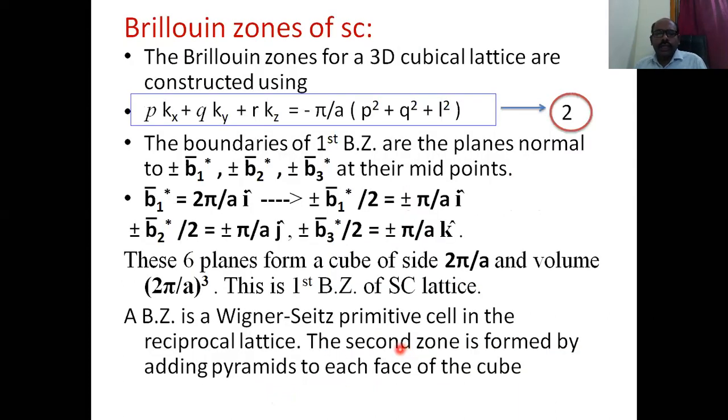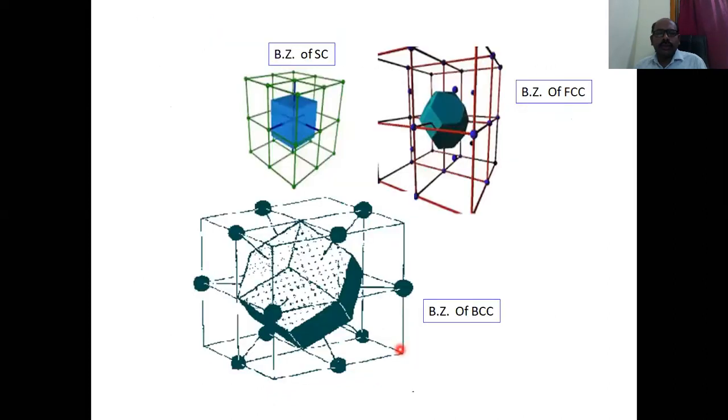So we are seeing here the first Brillouin zone of the simple cubic lattice. If this point is the base vector of the reciprocal lattice, similarly this one, then planes are drawn at the middle of the vectors.